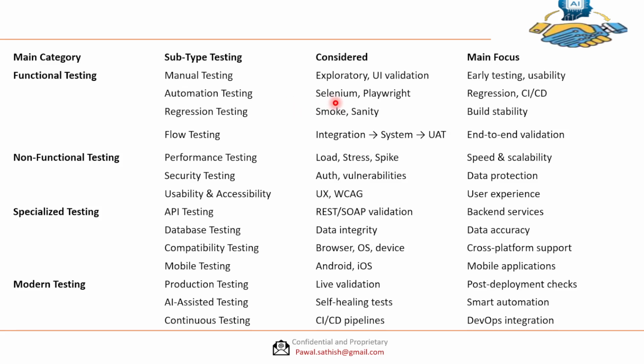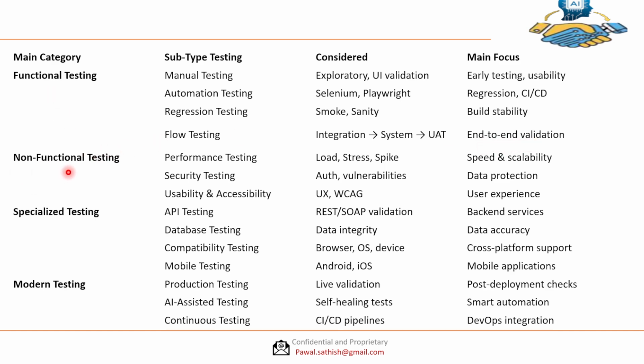In automation testing, you see Selenium and Playwright, and the main focus is regression and CI/CD, continuous integration, continuous development. In regression testing, we cover smoke, sanity, and regression testing, and the main focus is build stability. When we say flow testing, we are doing integration, system, UAT, user acceptance testing, and end-to-end validation.